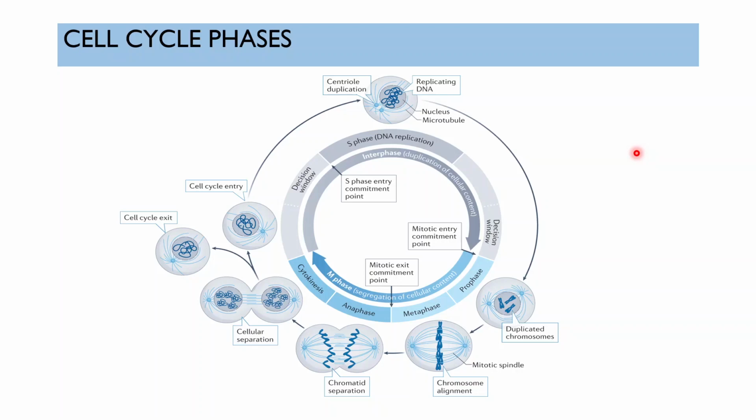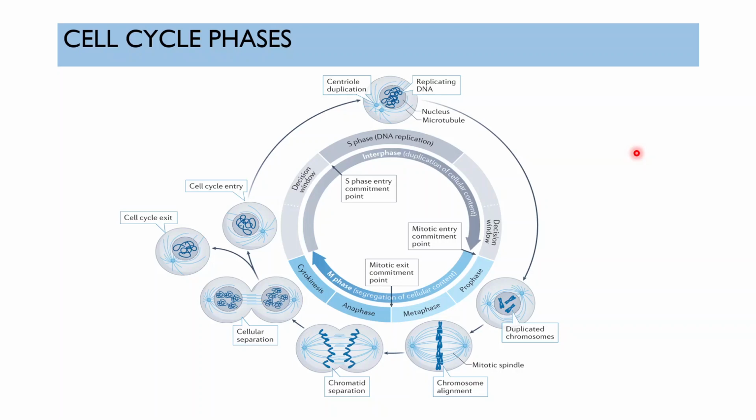If it has already reached the highest level of specialization, then it won't divide further and it will exit the cell cycle. Examples of those kinds of cells are the neurons, which do not divide further. So they are permanently non-dividing cells. These are the cells that we call the non-dividing cells.